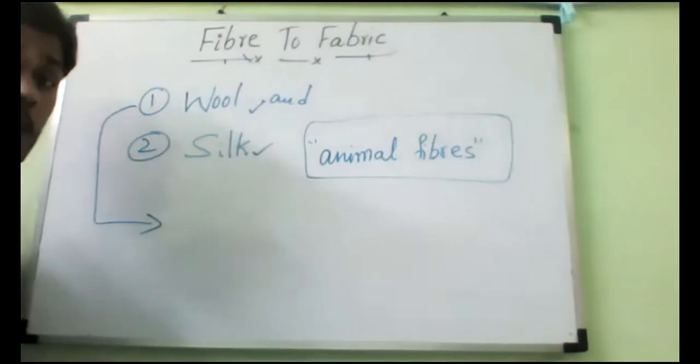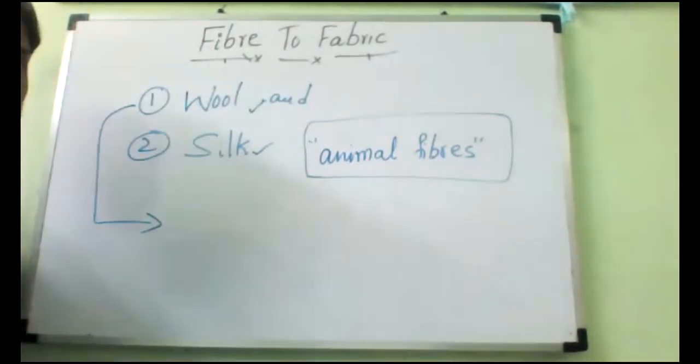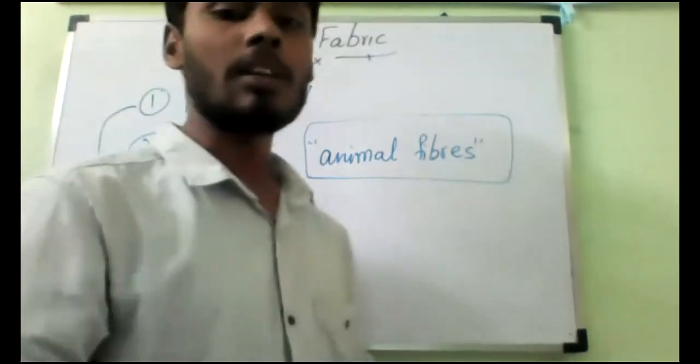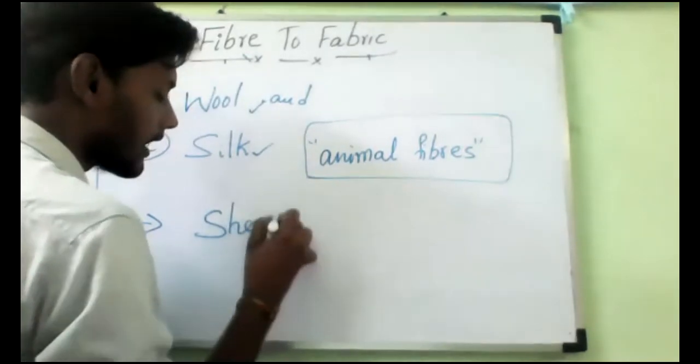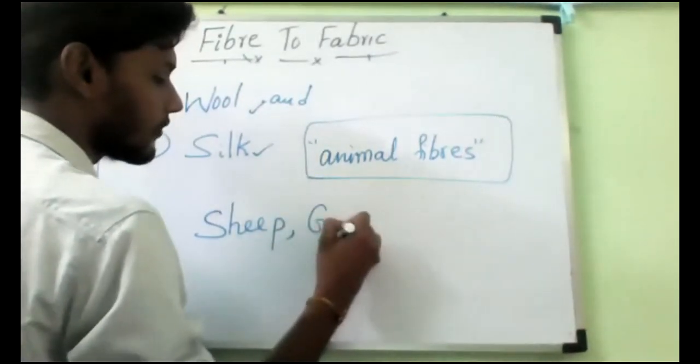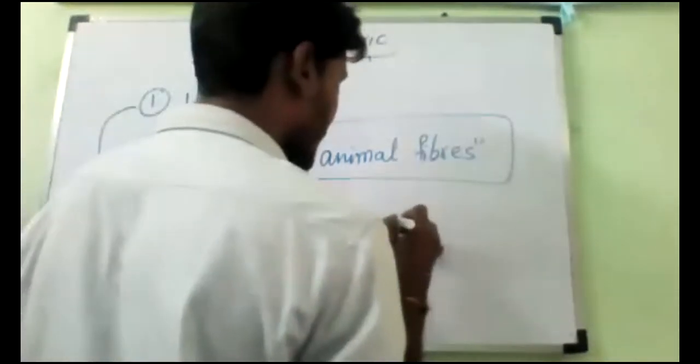Now let us take the first one, wool. Wool comes not from only a single kind of animal. It comes from animals such as sheep, majorly sheep, as well as goats, like Himalayan goats, and yak. Do you know yak?